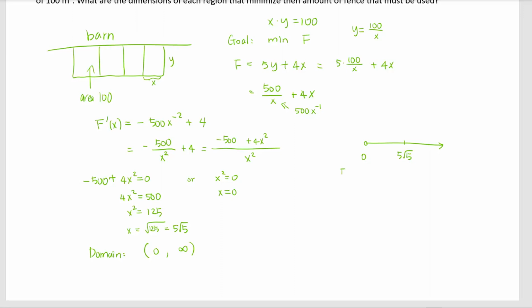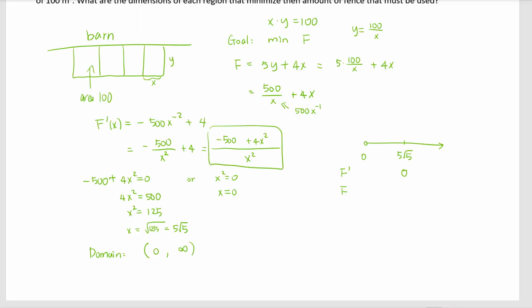So we want to know f prime and f. At 5 square root of 5, you get this number from the numerator being 0, which is when the derivative is 0. Then you can pick a number, say 1, in this piece and plug it into f prime.